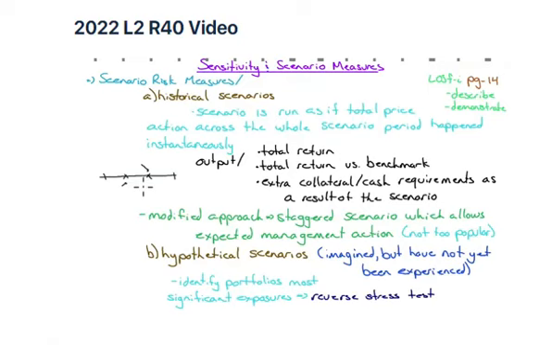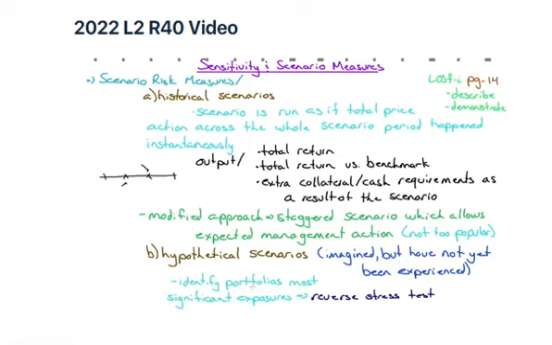All right, so here's how we would proceed. We would identify the portfolio's most significant exposures, typically the top 10, and then we would apply a reverse stress test to that. So what is this reverse stress test business? Well, if we're going to do a stress test, what we do is we identify an event, and then we apply that event to our portfolio to see what happens to our exposures.